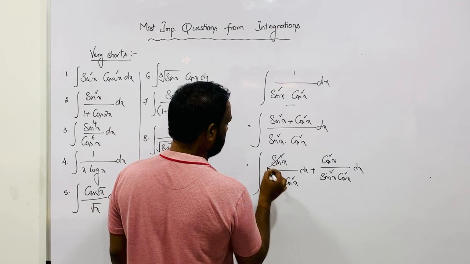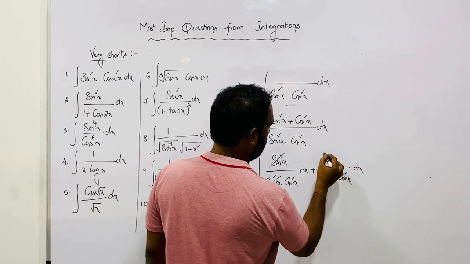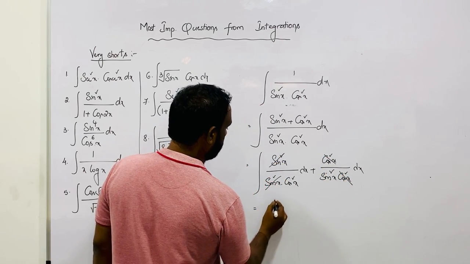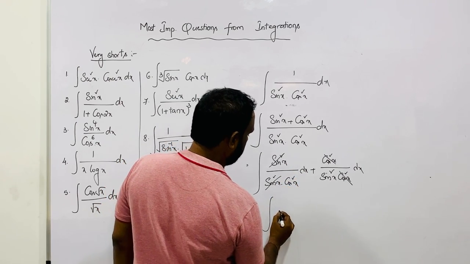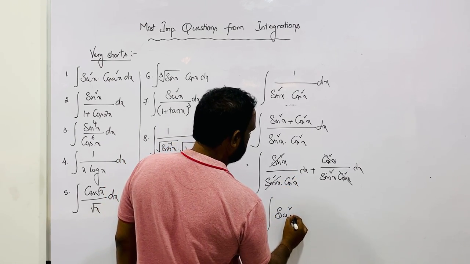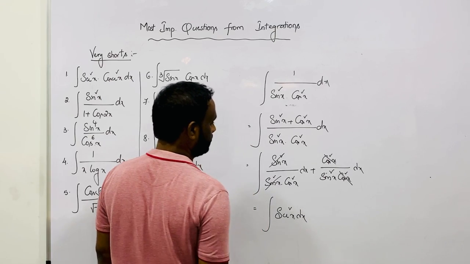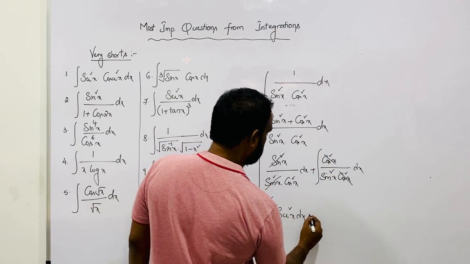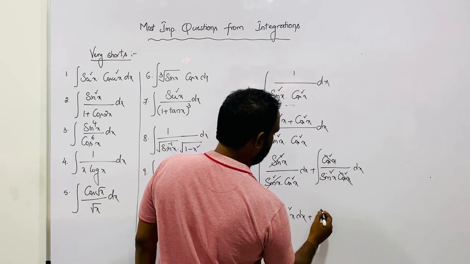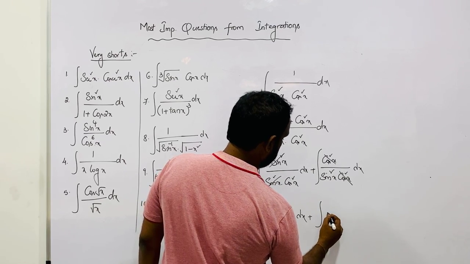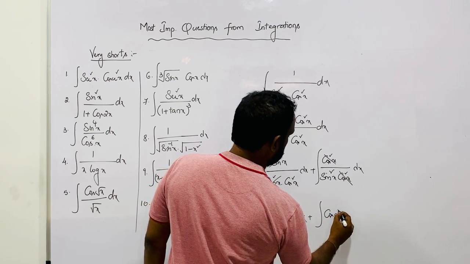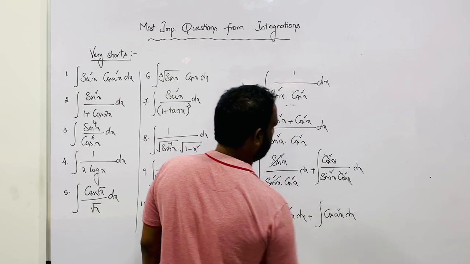Here sin square x cancels, here cos square x cancels. Then 1 by cos square x will be secant square x dx plus 1 by sin square x, that is cosecant square x dx.